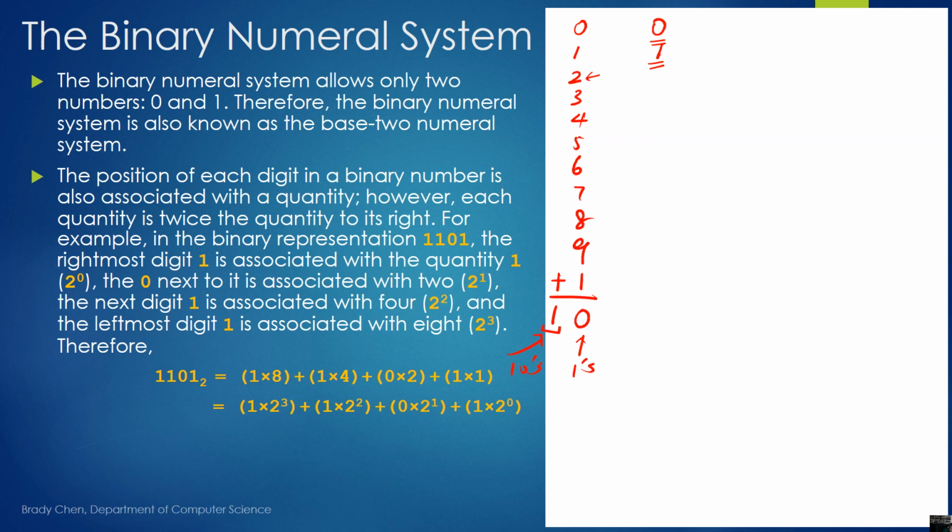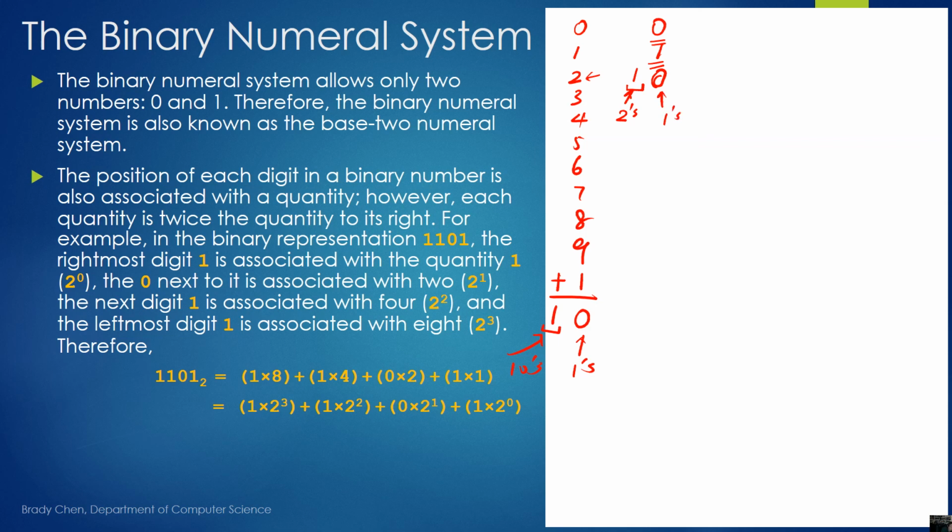We're going to reset the ones position to 0, and then add a new position and put 1 in that new position. Since we add a new position after we reach the number 2 instead of the number 10, we call this the 2's position. And this is also called the 1's position.